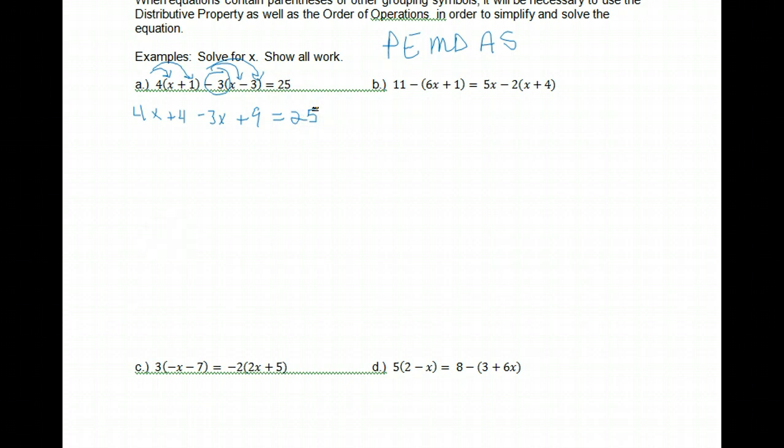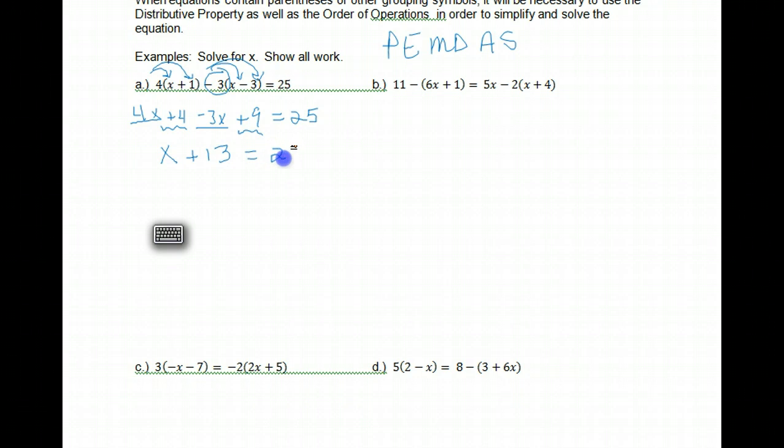After you distribute, you want to check to see if you can combine like terms, which we can. So we will combine our 4x and our negative 3x. 4x minus 3x makes 1x. And then we can combine our positive 4 and our positive 9. 4 plus 9 makes 13.